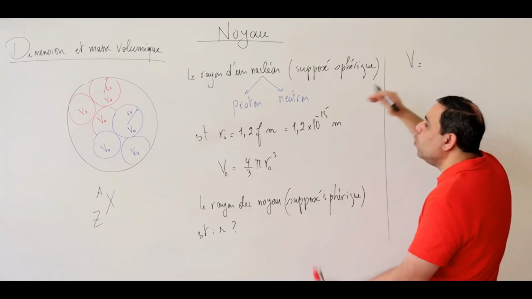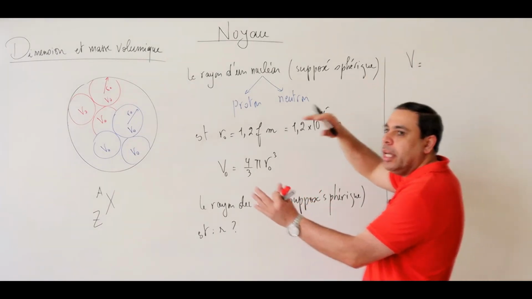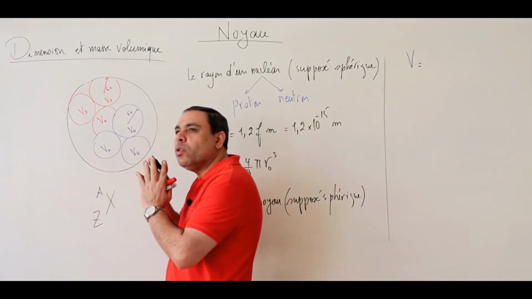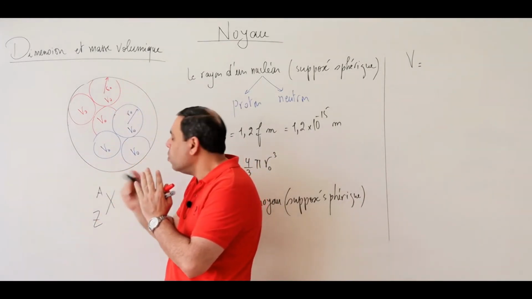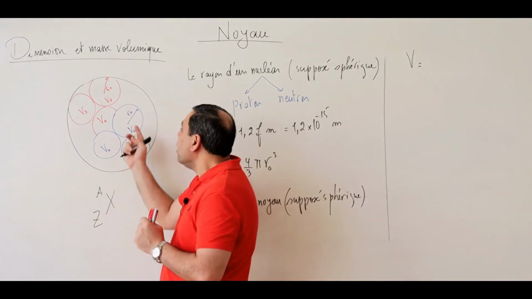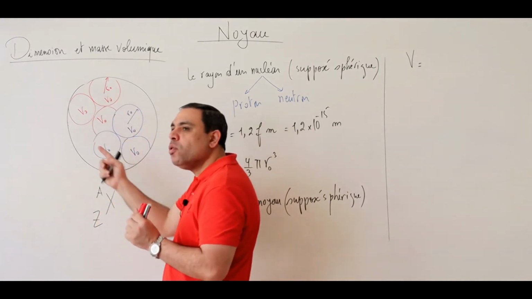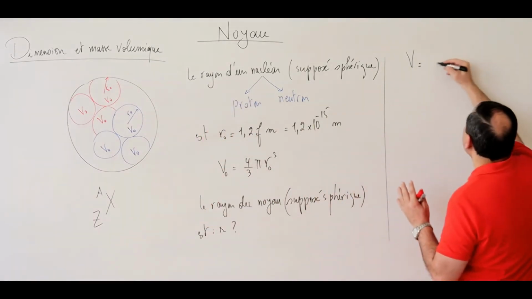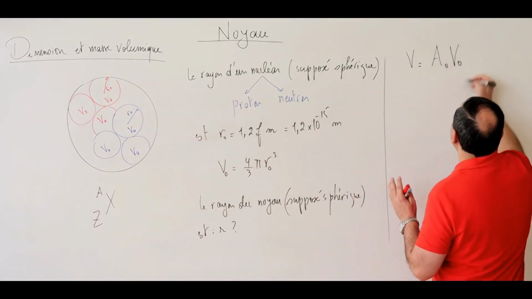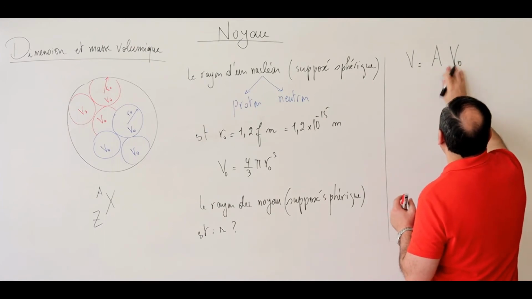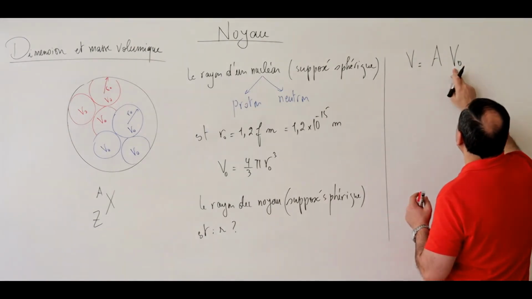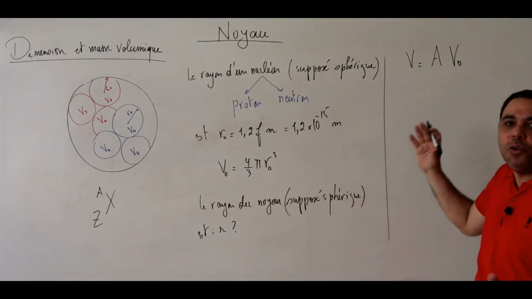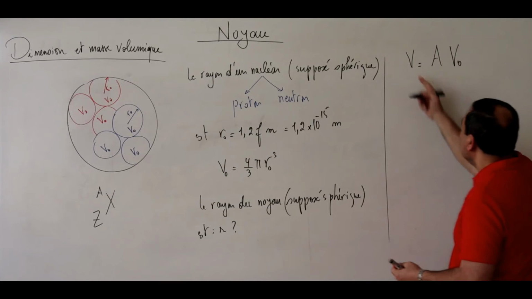If V is the volume of the nucleus, it is the volume of this sphere. This sphere contains A nucleons. Then, the volumes V0 are found inside. How many volumes V0 do we have inside? We have A V0. A is the number of nucleons multiplied by the volume of a nucleon. So we get the total volume of the nucleus.